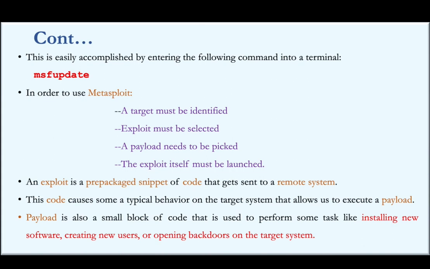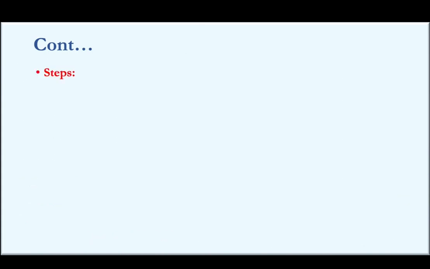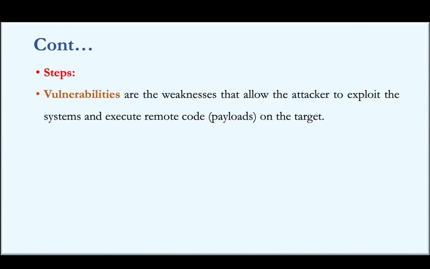The steps required to successfully complete this exploit framework: one is vulnerabilities. You need to identify the vulnerabilities. Vulnerabilities are the weaknesses that allow attackers to exploit the systems and execute remote code on the target. That remote code, we call it the payload.